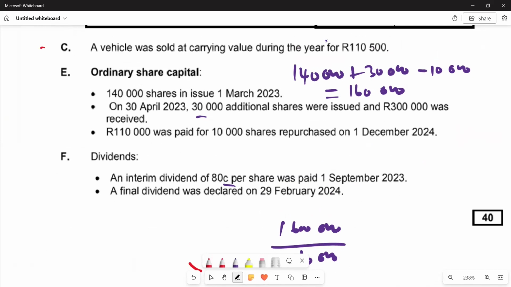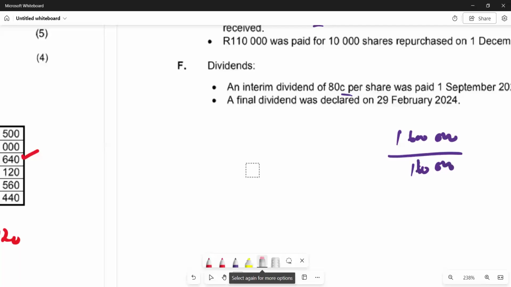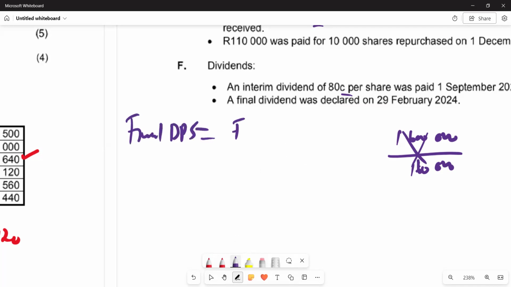Let's try to see if we have used the correct figures there. Remember, the formula that we are using here is wrong. So remember, to get the final dividend per share, we are going to say final dividends, and then we divide by the number of shares.